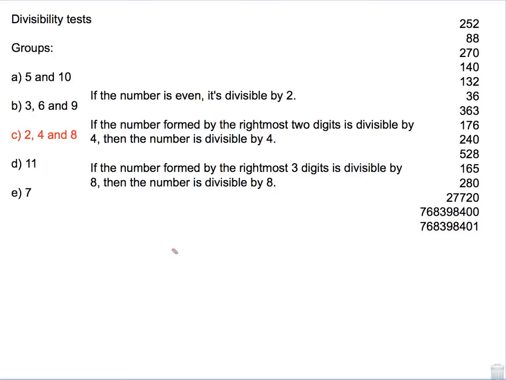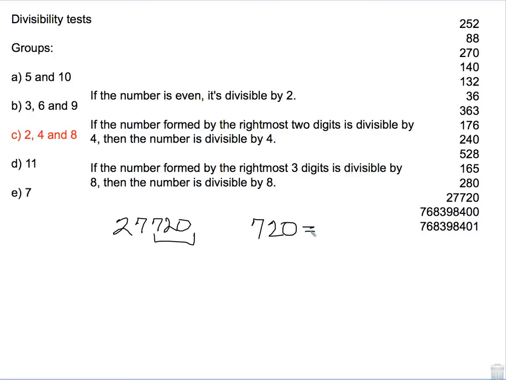The divisibility test for 8 is to take a look at the last 3 digits and see if they are divisible by 8. So for all of these 2 and 3 digit numbers, basically you just have to test those. But if we take a number like 27,720, all we have to do is look at the final 3 digits, 720, and see if that is divisible by 8.